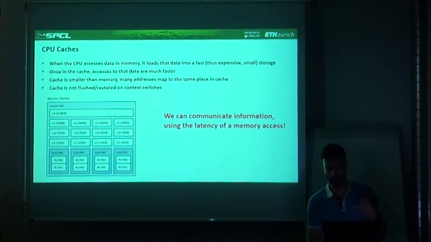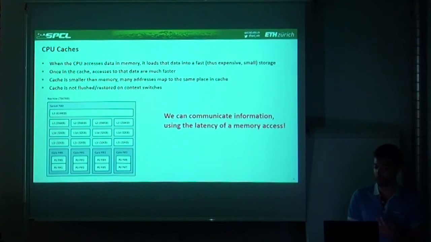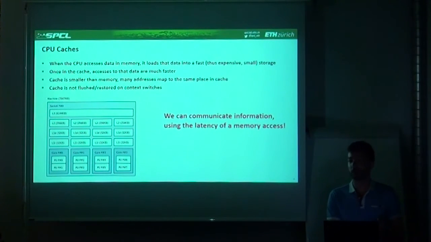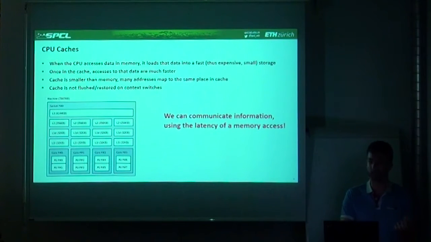The interesting thing is we can use this to communicate information using the latency of a memory access. Imagine we have one part of the code that loads something into the cache or not, and another part of the code that just accesses the same data and measures how long it took to read that data.